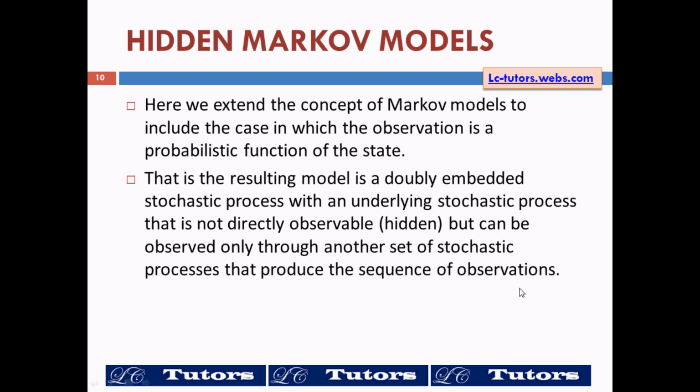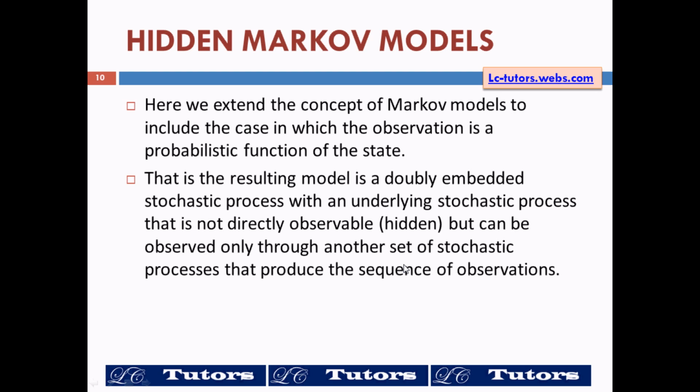Basically, in speech processing what we normally see is the speech, the sounds, but we can't see the state, which state the words are in. There are several models that we define. What we observe is only the speech signals.